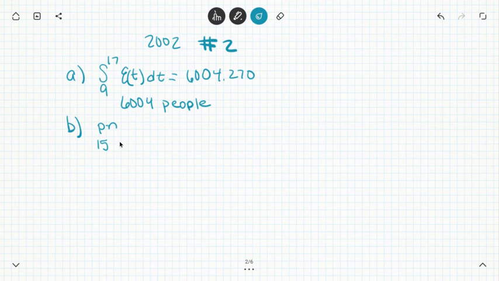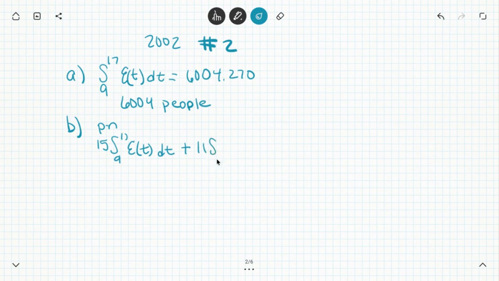Well, the number of people that enter is just like we found in part A. So an integral from the beginning of the time, which is 9 to 17, which we've already done, you could just write down the answer to this one and they would know that it carried over. Plus, after that time, it's only $11.